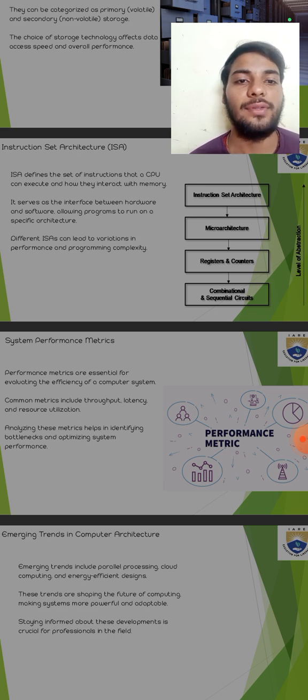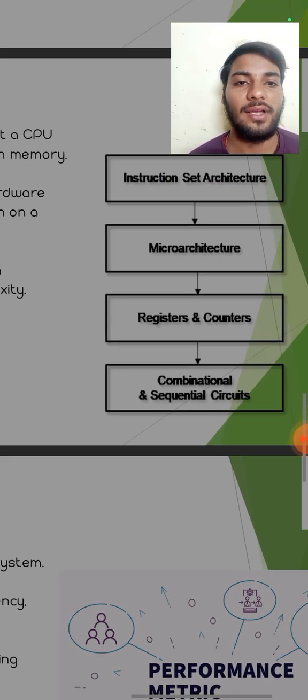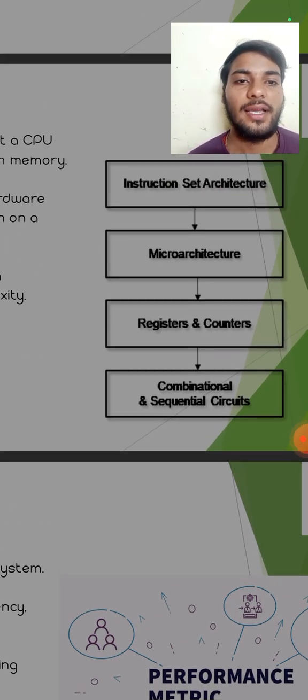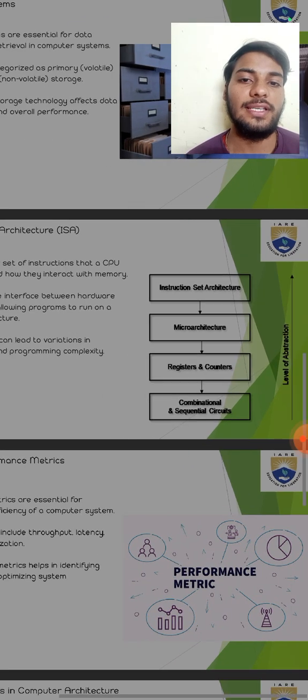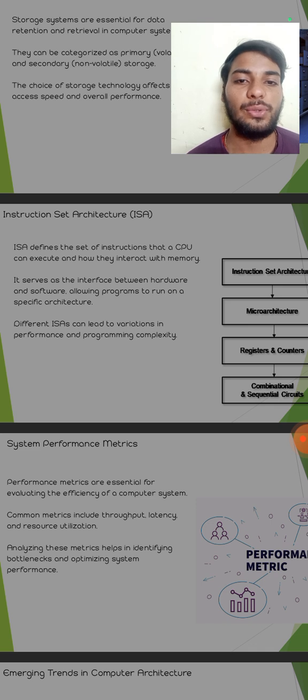So here first we have the instruction set architecture, and then we have the microarchitecture, and then the registers and counters, and last combinational and sequential circuits. The instruction set architecture gives the instructions to the CPU to execute any program by interacting with the memory.